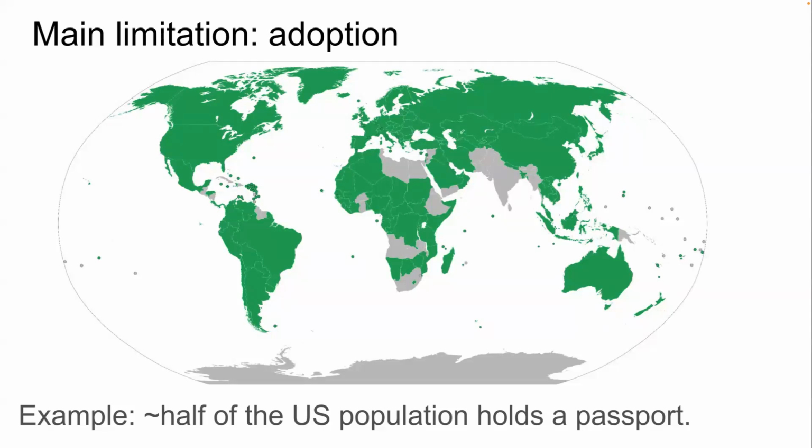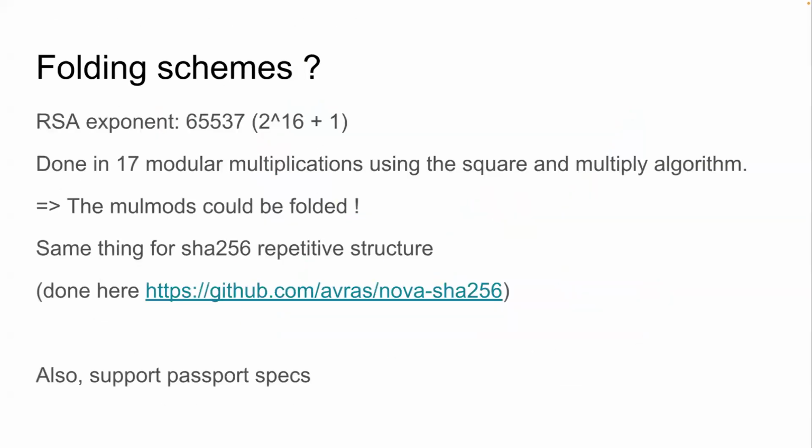So a lot of people can't use this right now. And of course, you also have a lot of people who don't have any passport. For instance, in the US, approximately half of the population holds a passport, because a lot of people just don't move out of the US, so they never need one.